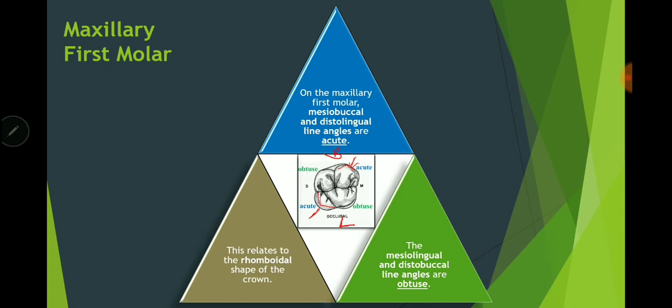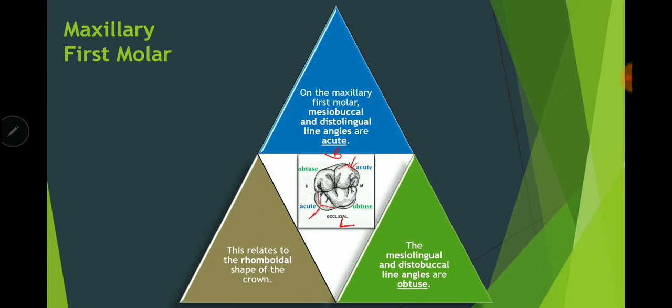The mesiolingual cusp is the largest cusp of the maxillary first molars. So it has an obtuse angle. So if the mesiolingual is obtuse, it means the opposite angle, in the oblique direction, is going to be obtuse also.